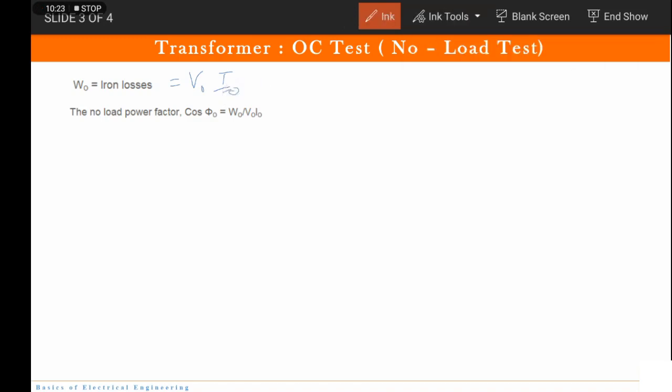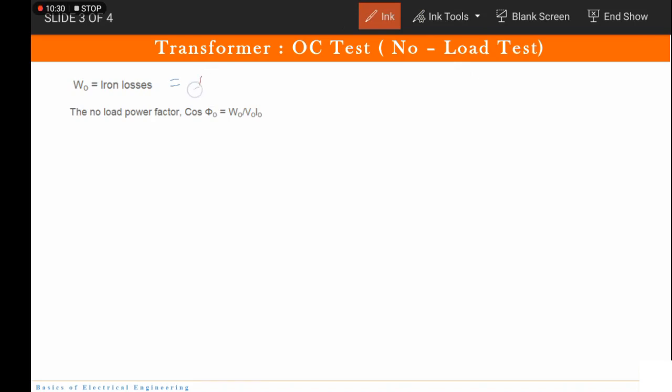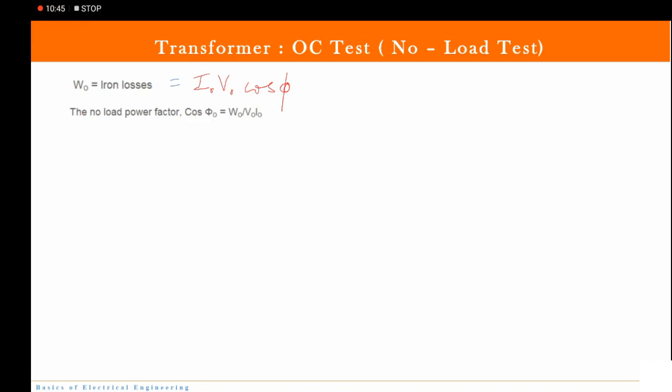So it was W0 = V0 I0 cos phi naught. Since my wattmeter gives me W0 and I get I0 and V0, I can calculate cos phi naught.